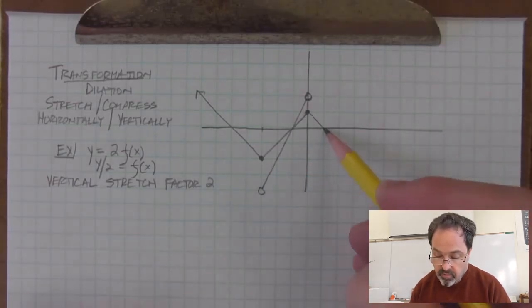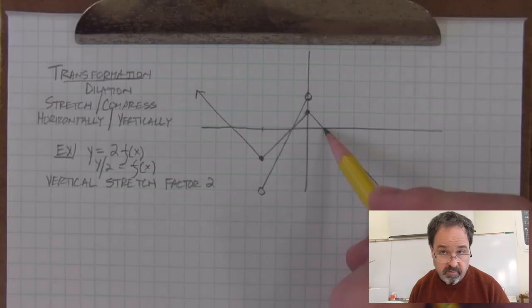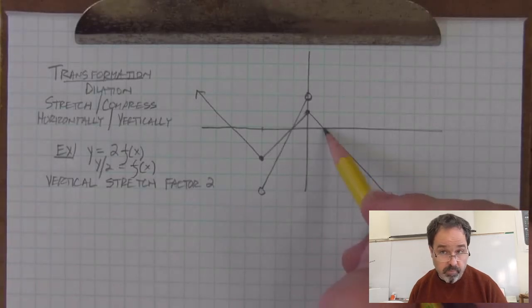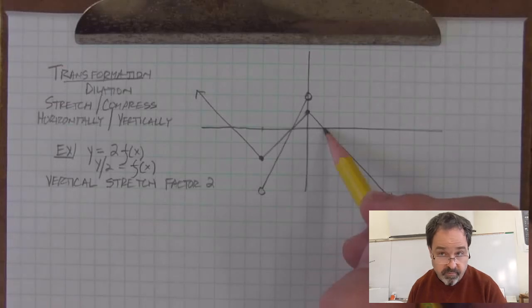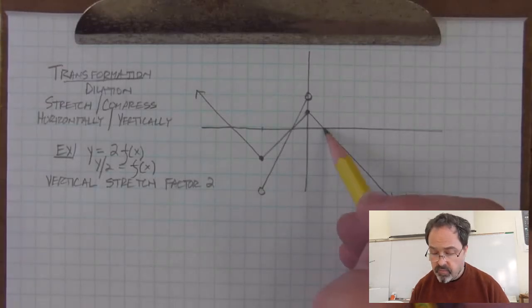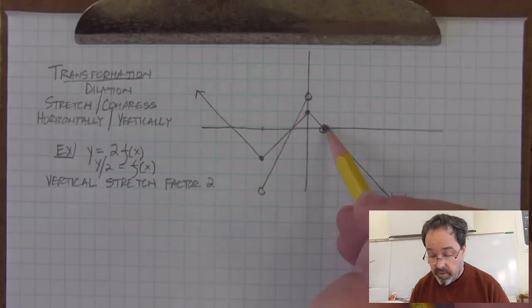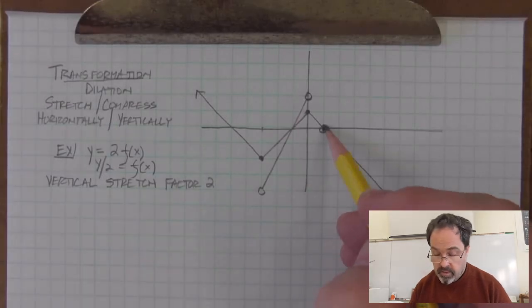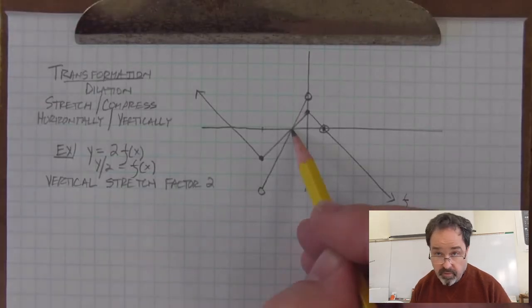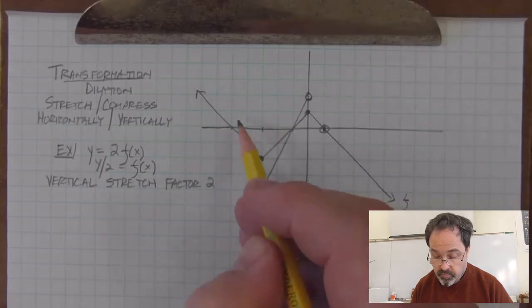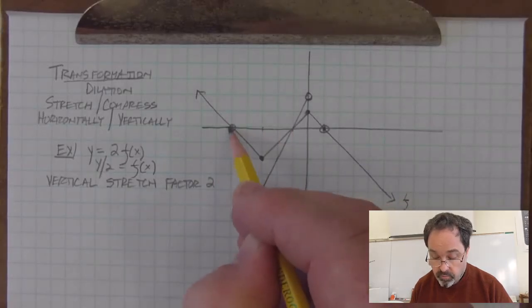This point here that is on the x-axis has a vertical distance of 0. There's no distance between it and the x-axis if it's on the x-axis. So it doesn't move after a stretch of factor 2. Likewise, this location here didn't go anywhere after the dilation because it's on the x-axis. And this point, which is an x-intercept, will not move either.